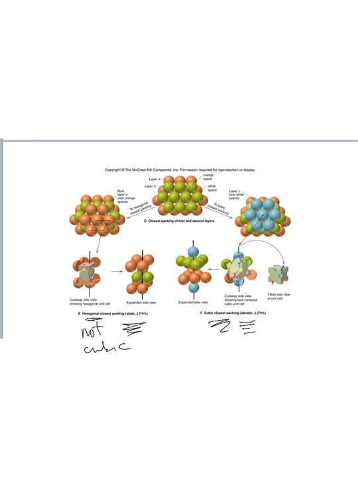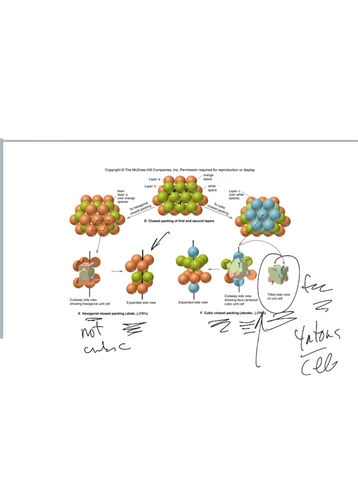You could either put it directly above the first layer, that's these places where it's colored in brown, and that would be the ABA layer. If you put the blue atoms in the open spaces that you could see through to, that would be the ABC layer. And it turns out that if you tilt the ABC layer on its side, you get our face-centered cubic, which we saw earlier, 4 atoms per cell.